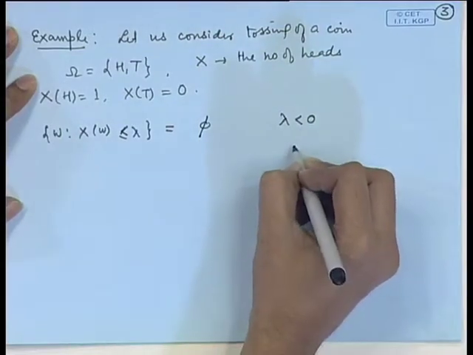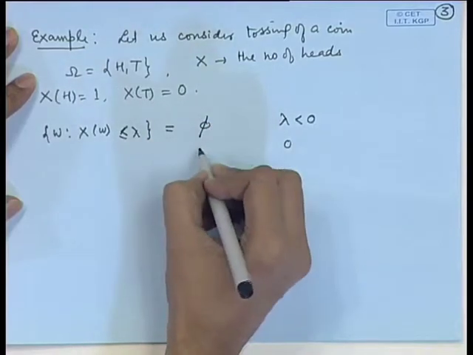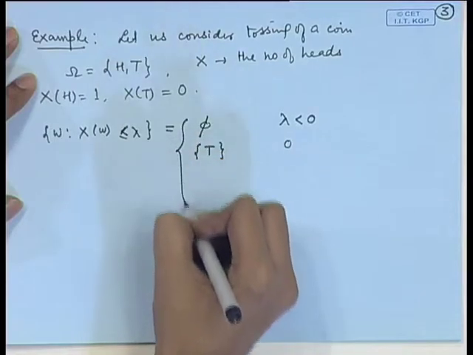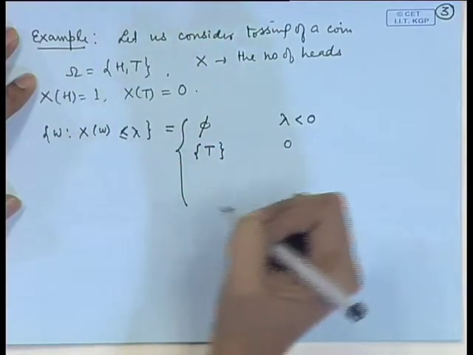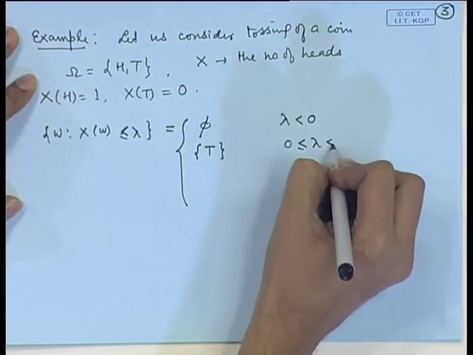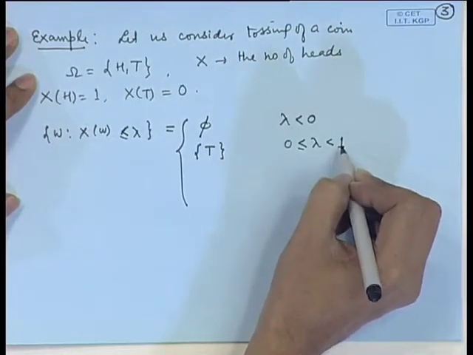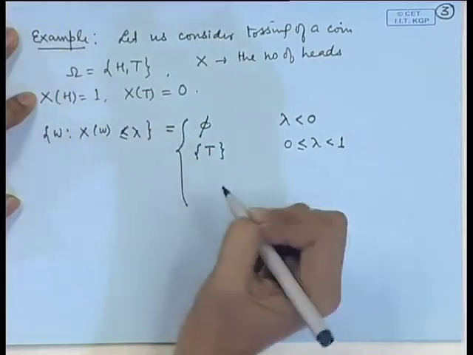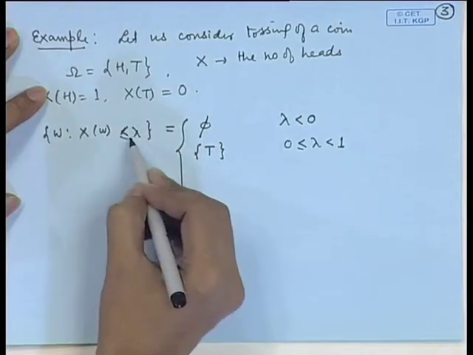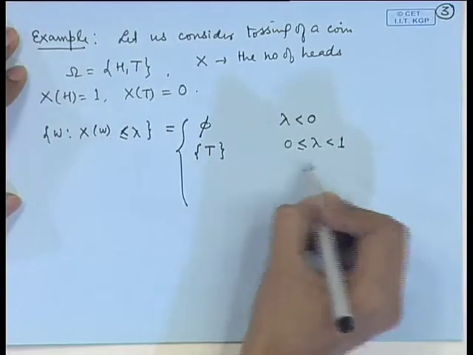If I take lambda equal to 0, then X(T) is equal to 0. That means, there is a point here which is satisfying the condition that X omega is less than or equal to 0. You can observe that this condition remains true for lambda strictly less than 1, because the next value that the random variable takes is equal to 1. When it eventually takes 1, then there are 2 points, that is H and T, which satisfy the condition that X omega is less than or equal to 1 or any point above that.